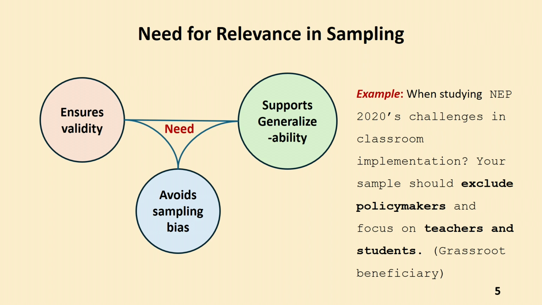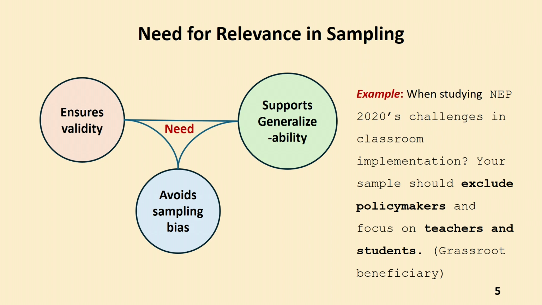Let us take one example. When studying NEP 2020 challenges in classroom implementation, your sample should exclude policymakers and focus on teachers and students, those who are grassroots beneficiaries. Here it is very important and challenging to understand what to include and what to exclude in sampling. Consider the example of NEP 2020 challenges in classroom implementation.